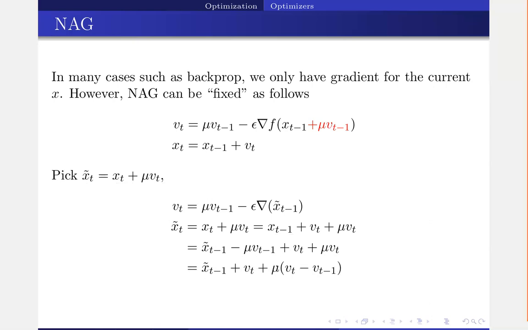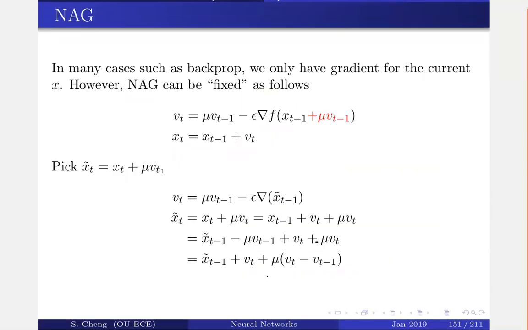And then I can group the terms here, so I have mu here, grouping together v t minus 1. Then we have the update.